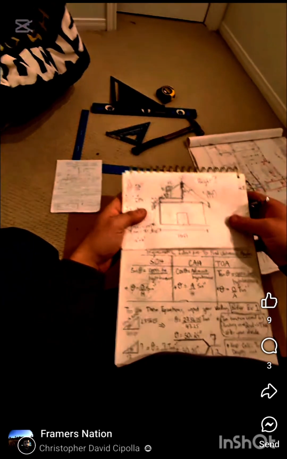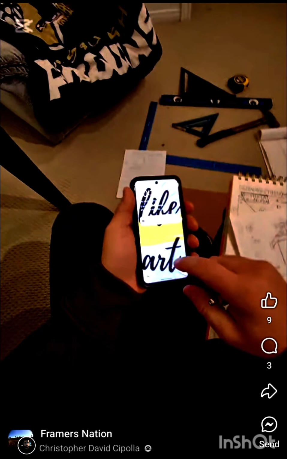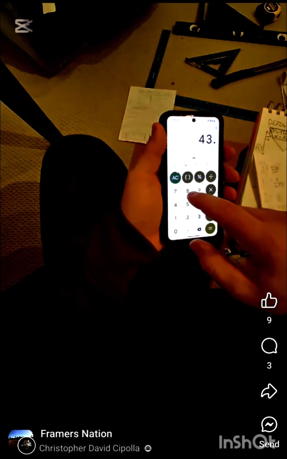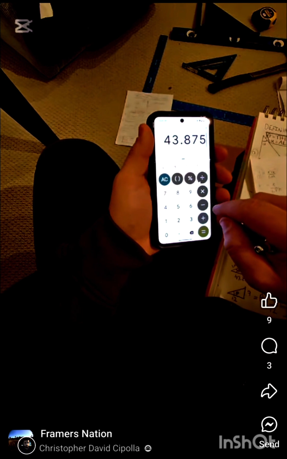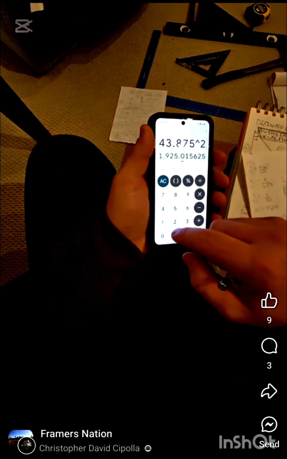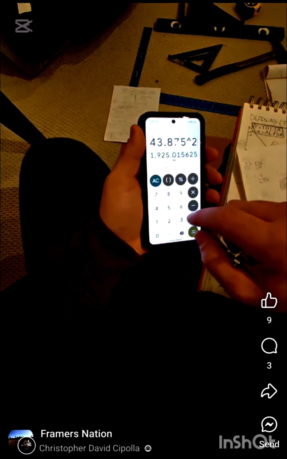So plugging that in, let's see if I can use my calculator. It would be 43.875. Is this to the power of? I think so.